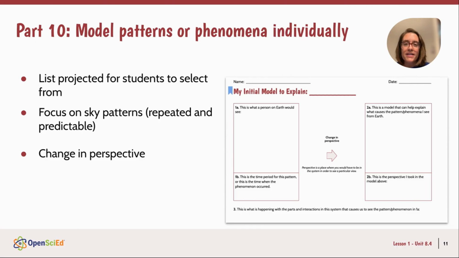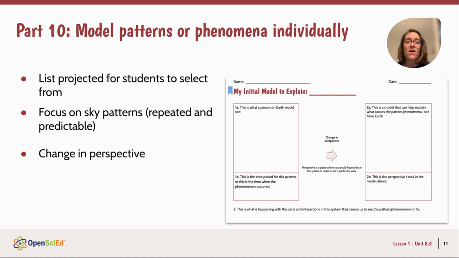I highly recommend maybe projecting a list so students can have a little bit of guidance. They can feel overwhelmed with the amount of choice where you say, hey, you can pick any pattern to model. You may need to remind them that you need to focus on a sky pattern, meaning that it is repeated and predictable. We don't want to go into weather. That's not what this unit is about.